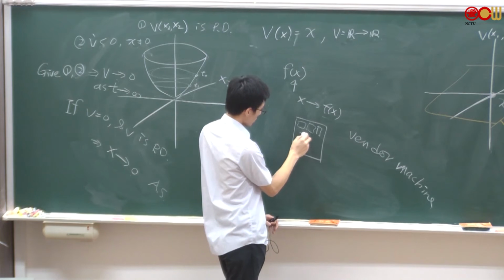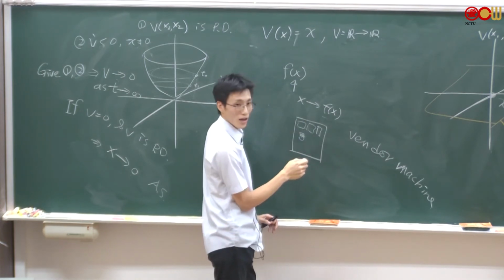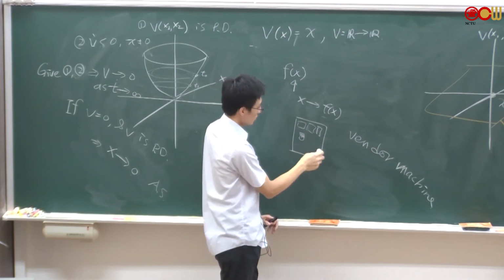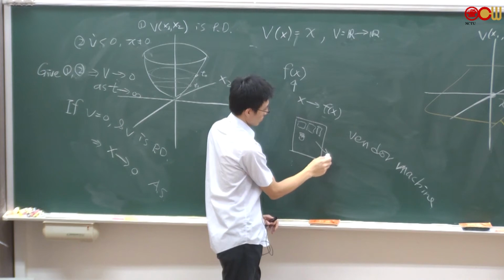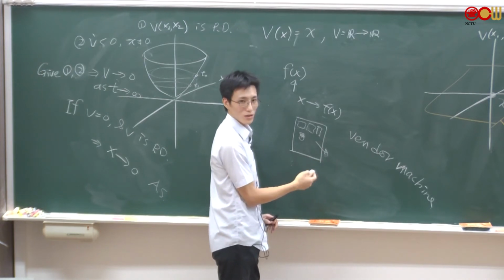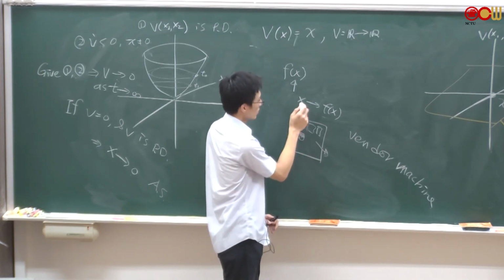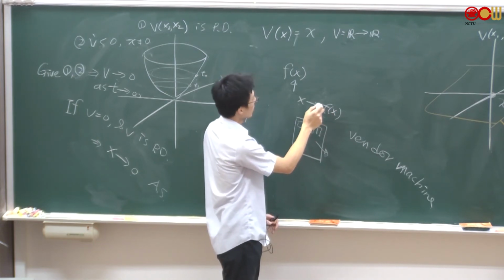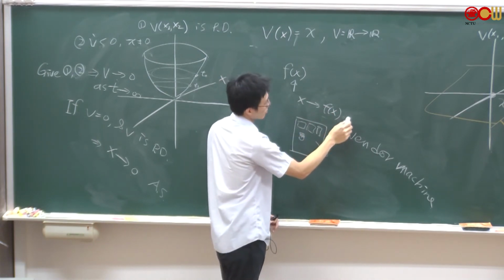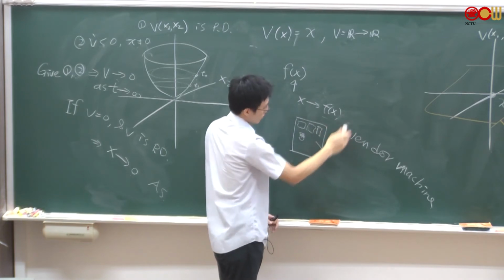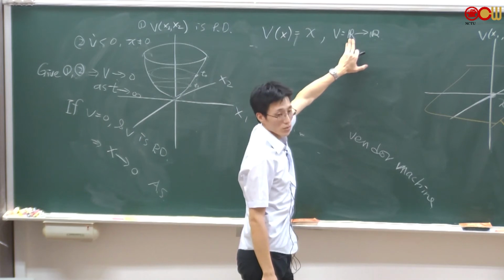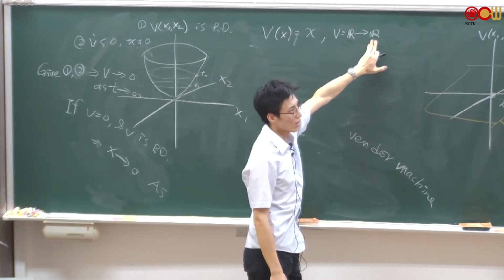You put your coin inside. The coin is your x. f(x) is your beverage, right? So this is your input, and you will get some value, which is called f(x), or y, usually. This is the domain of your argument, or your input. This is the domain of your output.